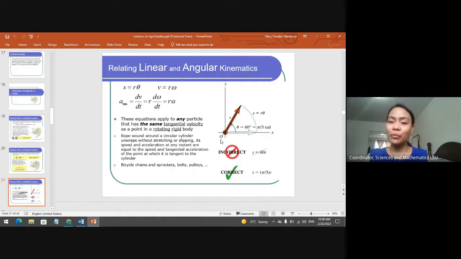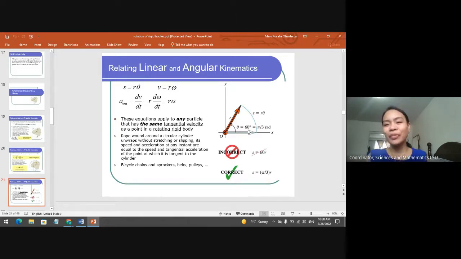As I said earlier, we use radians and not degrees. If you are given angles in degrees, kindly convert them into radians first. How do we convert degrees to radians? We just use 180 degrees is equal to pi.